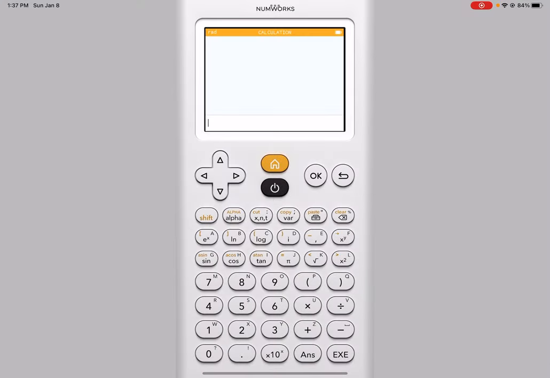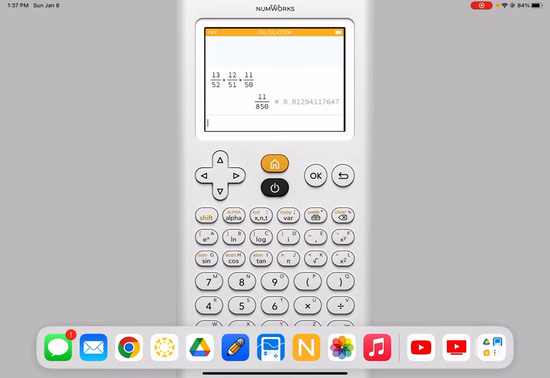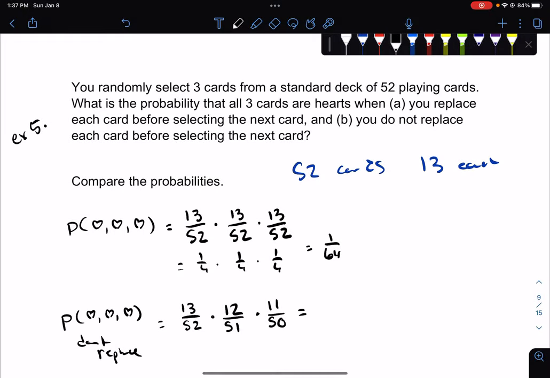Yikes. Let's do 13 over 52 multiplied by 12 over 51 multiplied by 11 over 50. That's going to give me 11 out of 850 chances of getting a heart if you don't put it back.